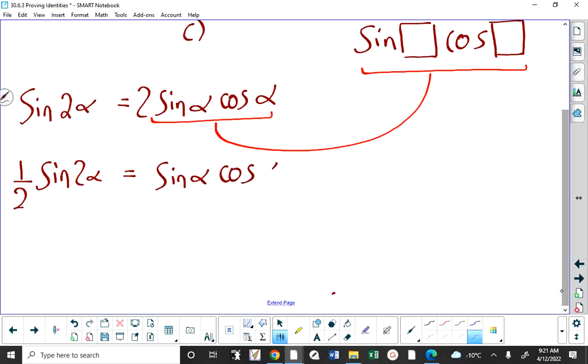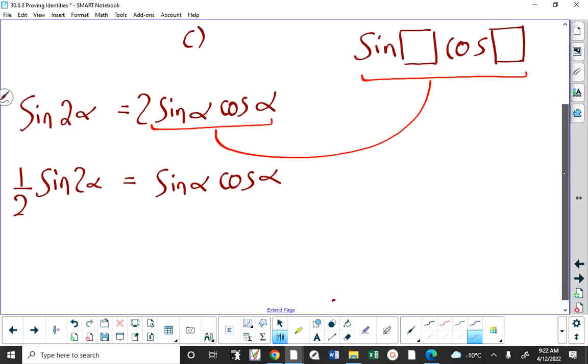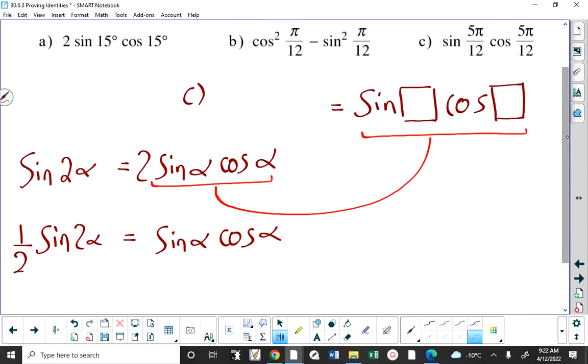So what I'm doing is I'm customizing the identity on the formula sheet to match what I have here. So that means that this is equal to 1/2 times the sine of 2 times that argument. Does that make sense?